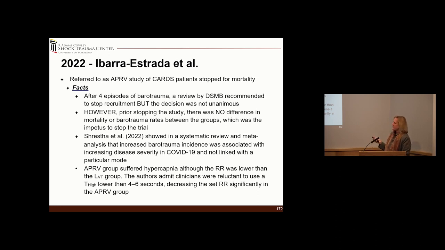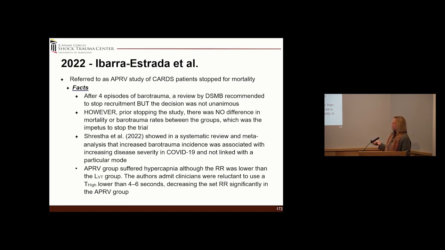After 4 episodes of barotrauma, a review by the Data Safety Monitoring Board recommended to stop recruitment, but they could not even reach a unanimous decision. It was still decided just to stop. Prior to stopping the study, though, there was no difference in mortality or barotrauma rates between the groups, which was the impetus to stop the trial.